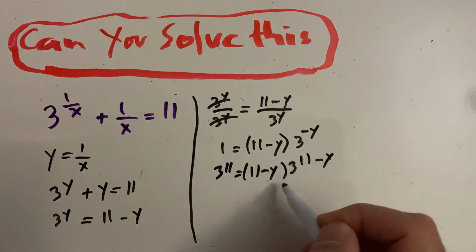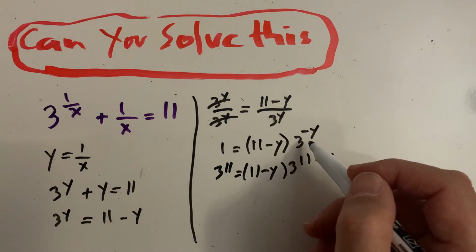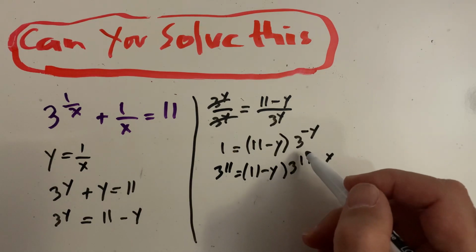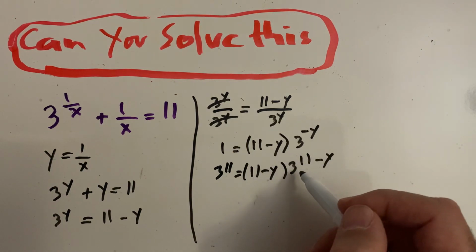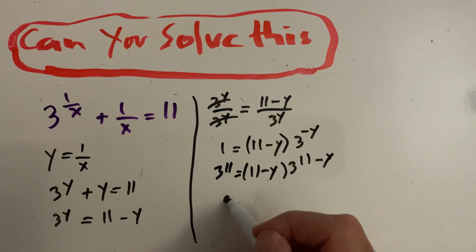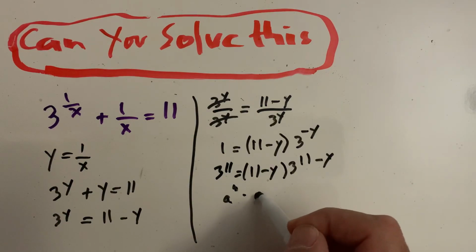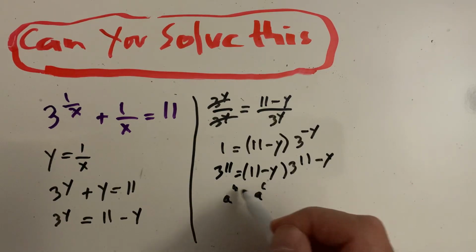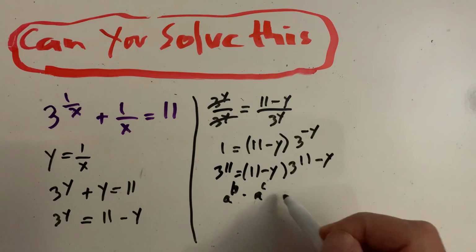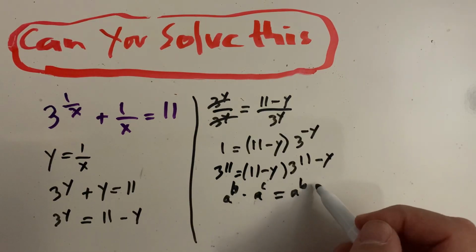All I did here is multiply by 3 to the 11, but 3 to the 11 times 3 to the minus y is equal to 3 to the 11 minus y, because of the property a to the b times a to the c is equal to a to the b plus c.